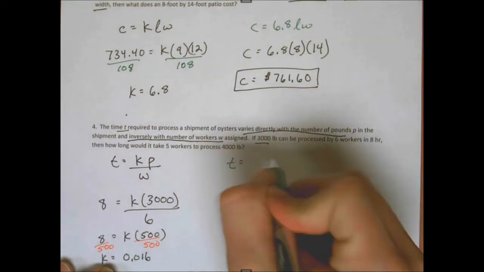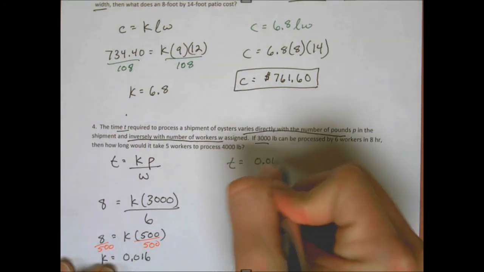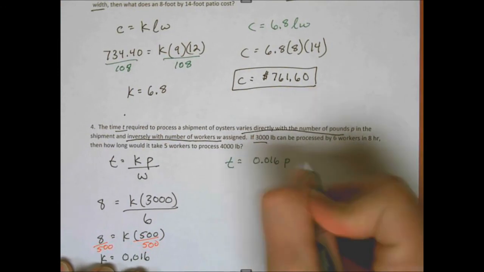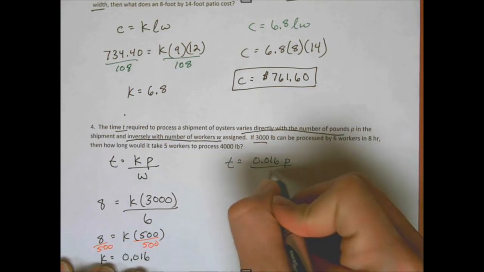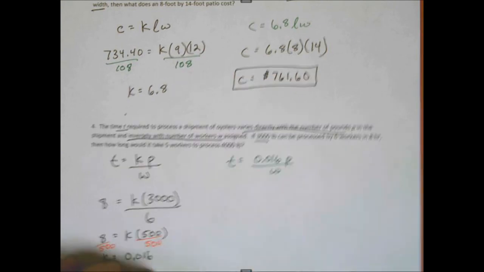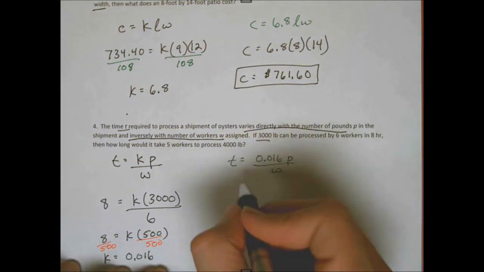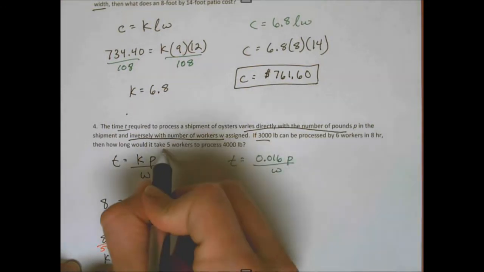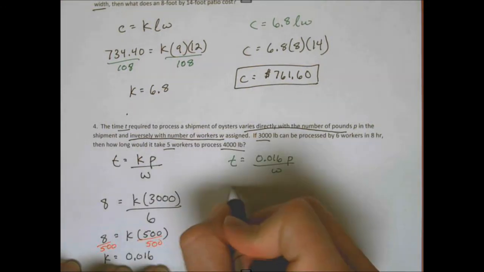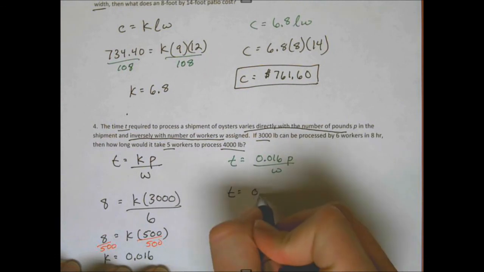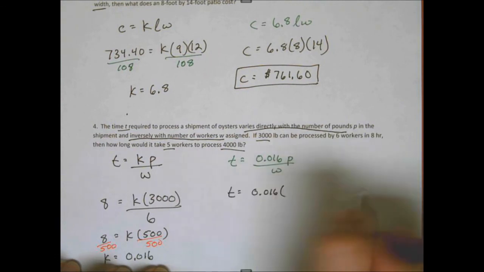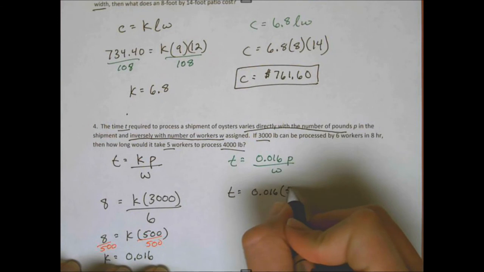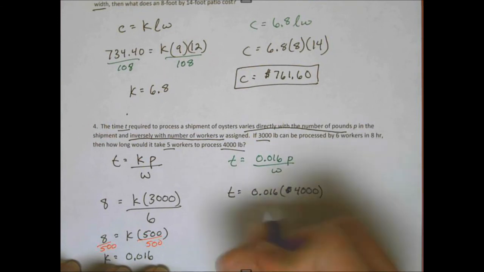So T is 0.016 times P over W. Now we can use this to find time. We have 5 workers and 4,000 pounds. Make sure you put them in the right spot, as I just put 5 in the wrong spot.